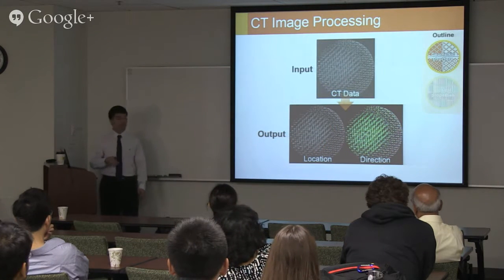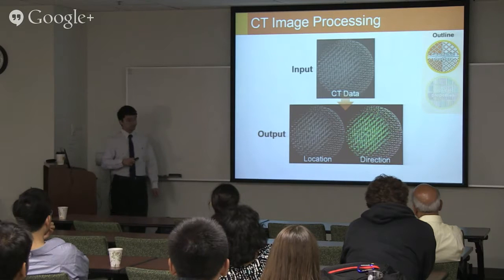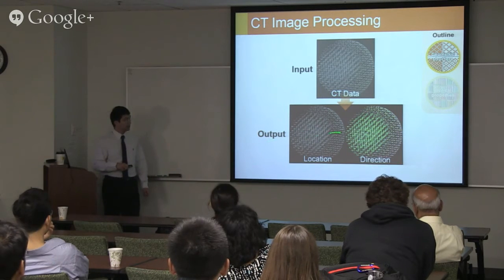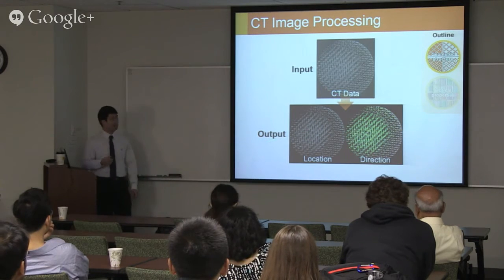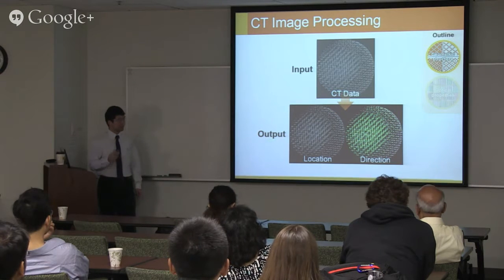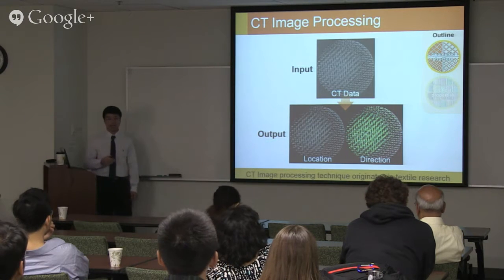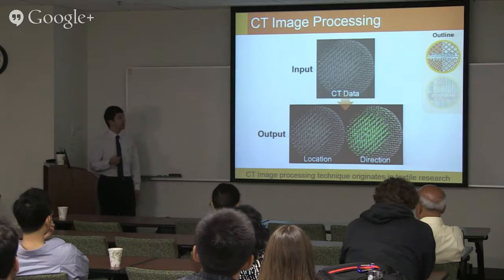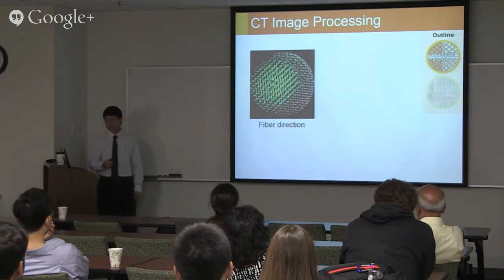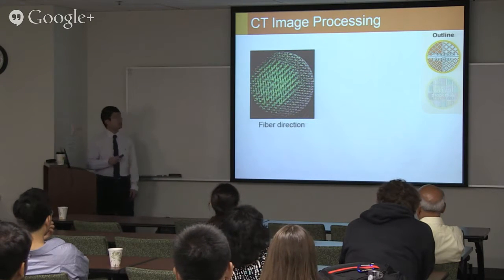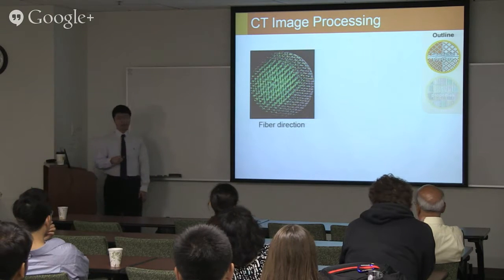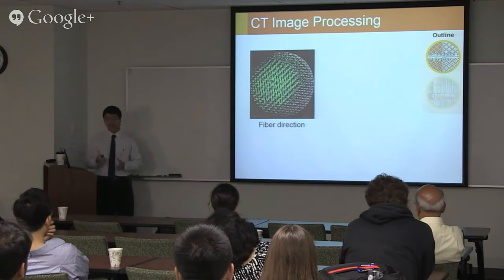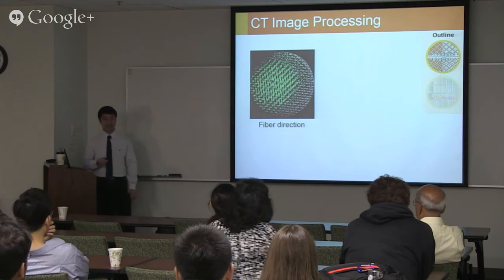So the goal of this CT image processing step is to figure out the fiber location and directions everywhere in the scan volume. We use a technique introduced in textile research to do this. In particular, we start with computing the direction of fibers. We do this by applying an oriented filter to the raw CT data.